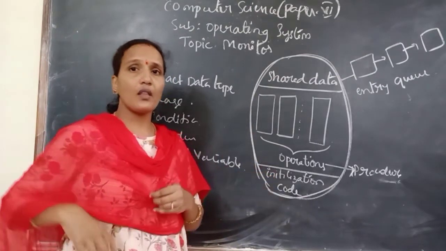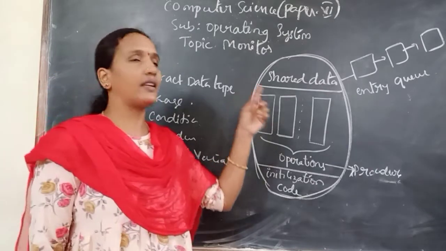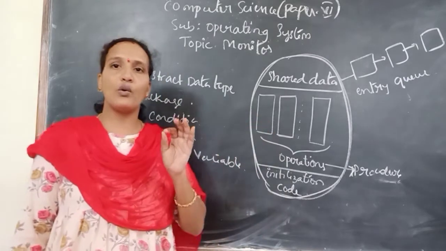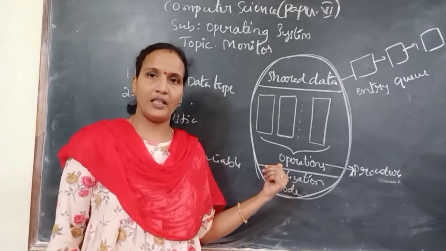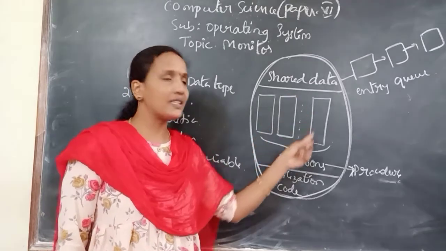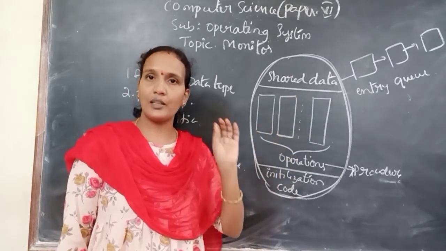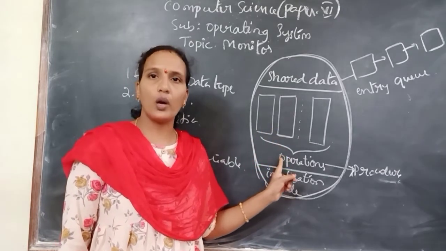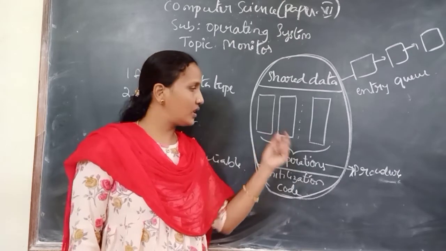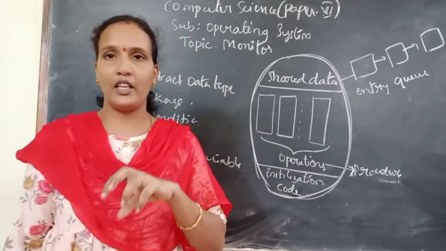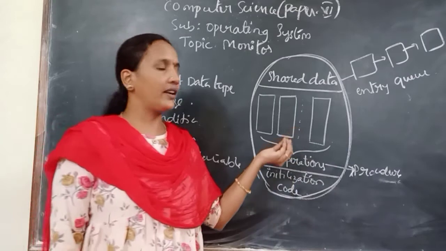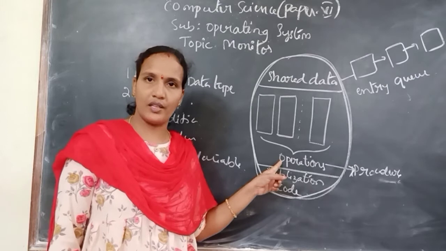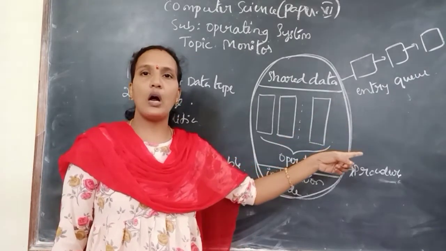Now come to the operations and the local variables. Whatever functions are declared inside the monitor can use the variables which are in the monitor only, which are nothing but the local variables. Whatever local variables are there in the monitor cannot be accessed outside of the monitor.